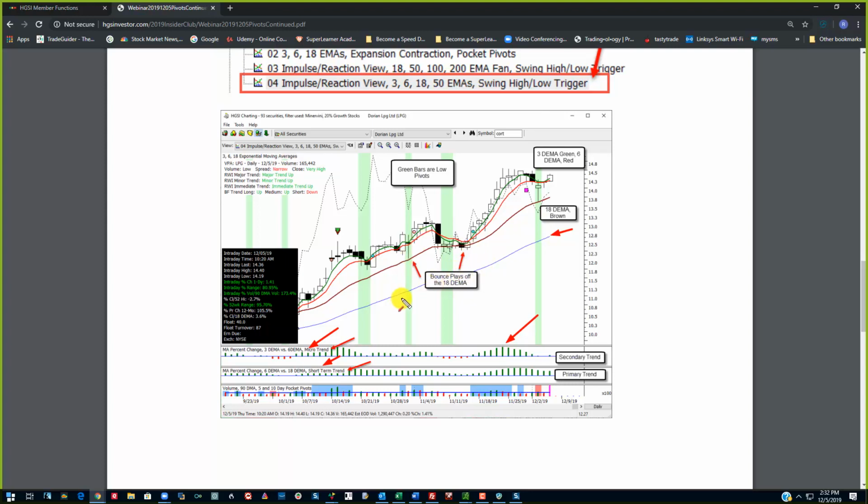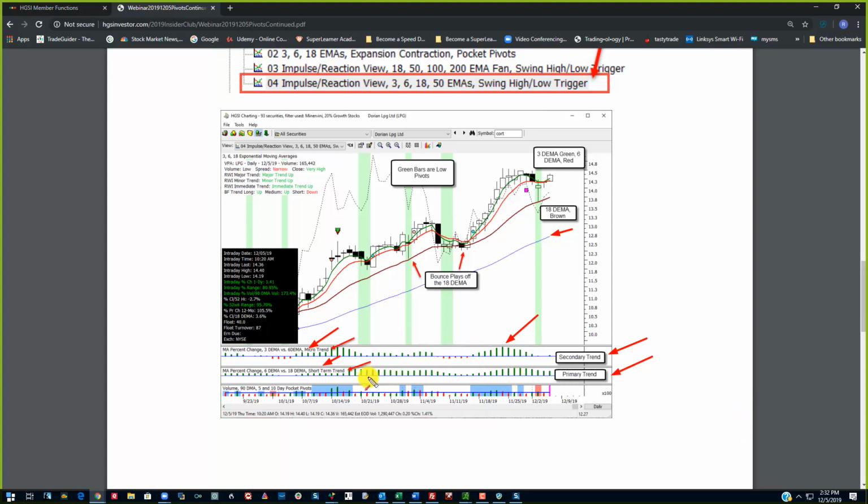The whole theory behind this is we're looking for an established primary trend, and I marked this. I'm using the 6 versus the 18 as the primary trend, even though it's a short-term trend. I'm not looking at the long-term moving averages. So I'm considering this to be the primary trend, and this to be the secondary trend, which is the short term.